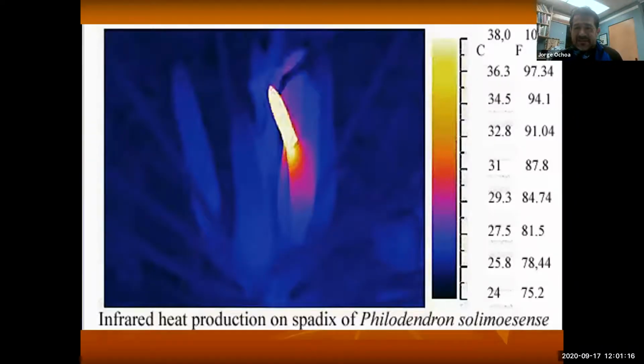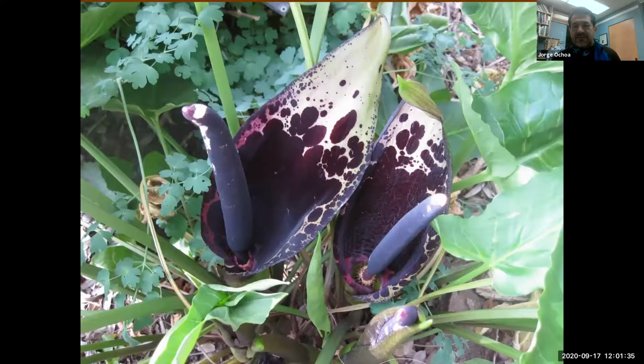And here's an infrared of the temperature, and you can see the spadix having a much hotter temperature than the rest of the flower. So that's going to be important for the fragrance, or also for providing that warm, toasty area for insects.